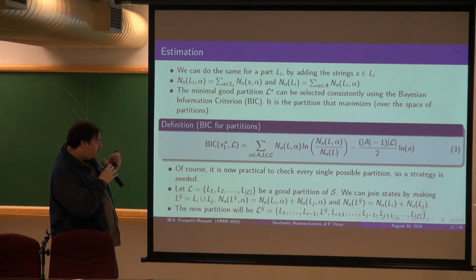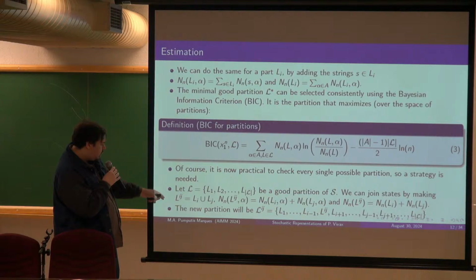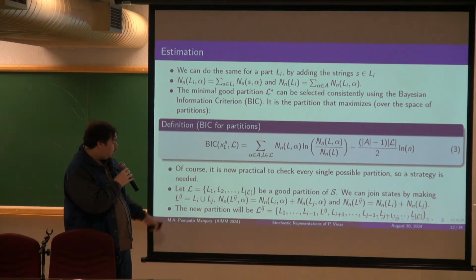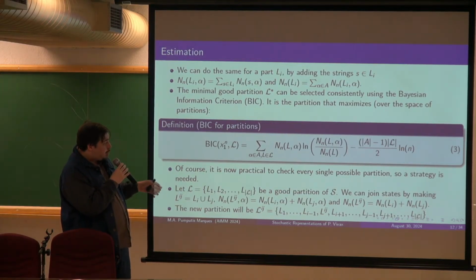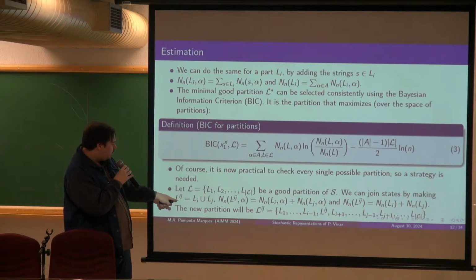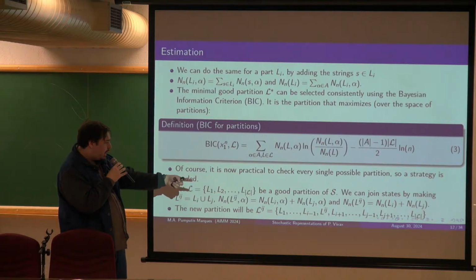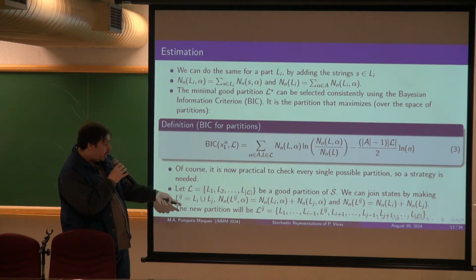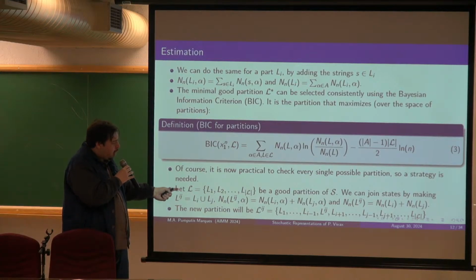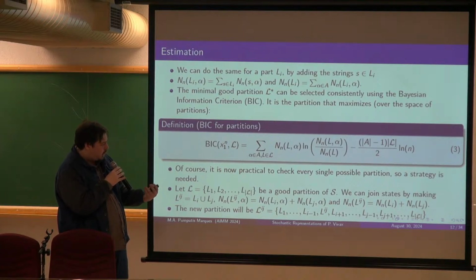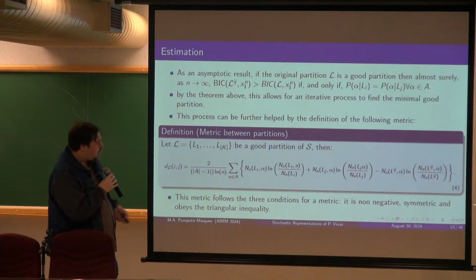So what we are going to do, first some more definitions, right? Let's suppose we have a partition, and that partition is a good partition, right? We can merge two states like this, right? We are going to add state i to state j, and we are going to add the counts, and then we are going to have a new partition that is the partition before, but now i and j are the same. So we are going to remove i, remove j, and add ij, right?